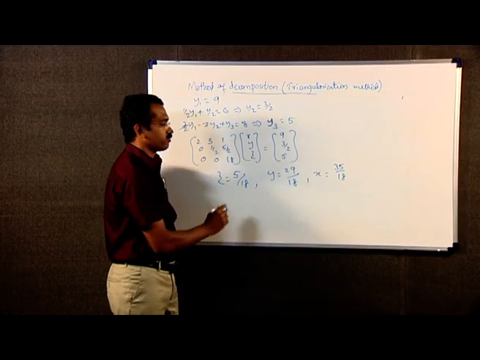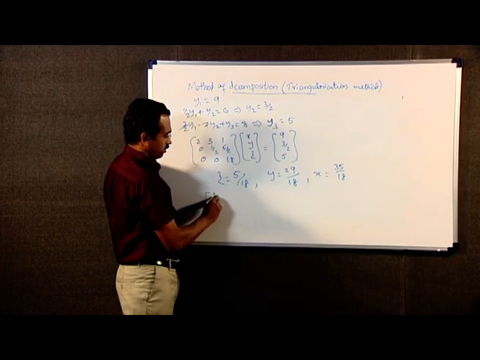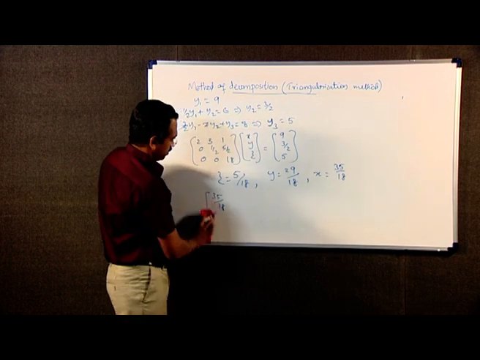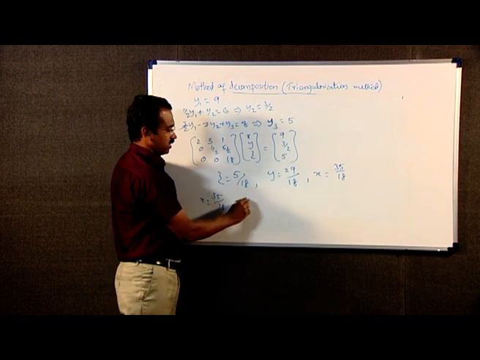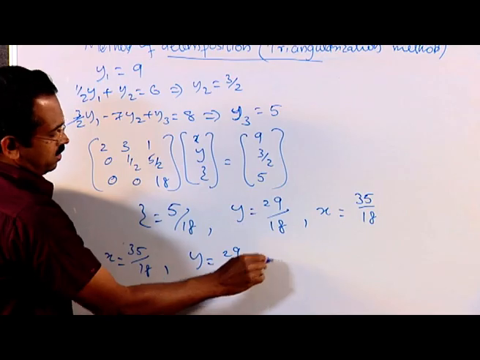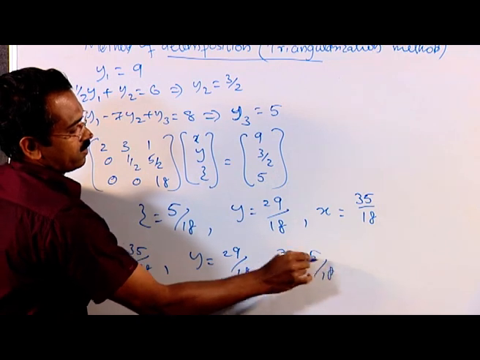That is, the solution of the given system is x is 35 by 18, y is 29 by 18 and z is 5 by 18.